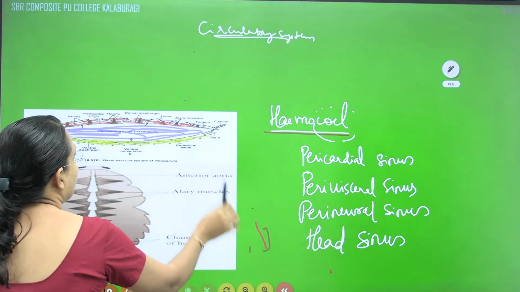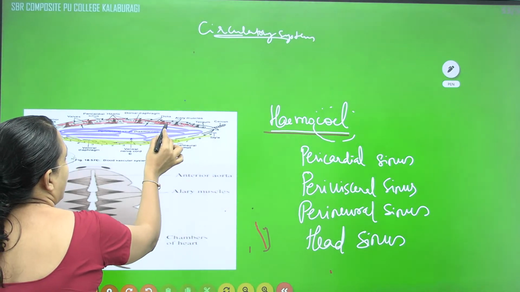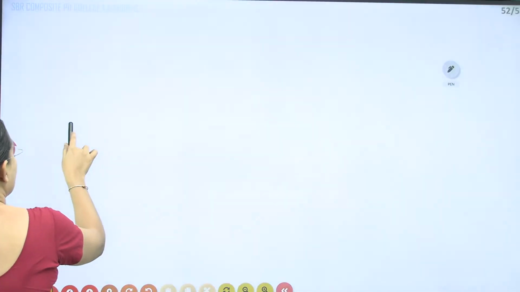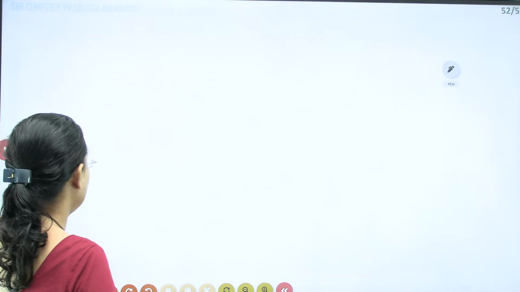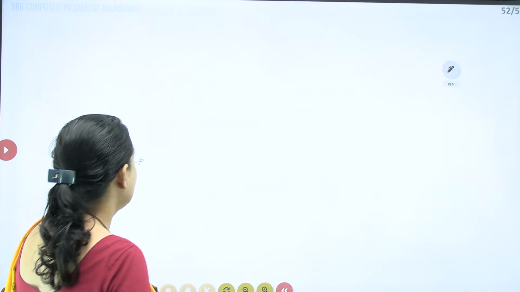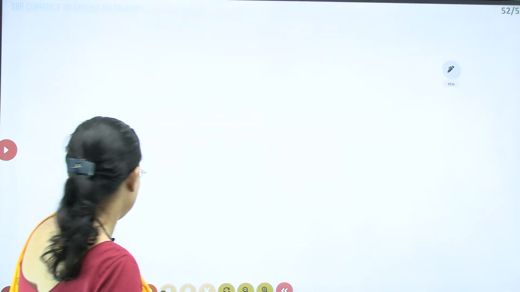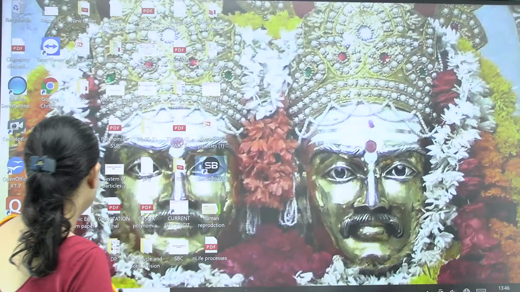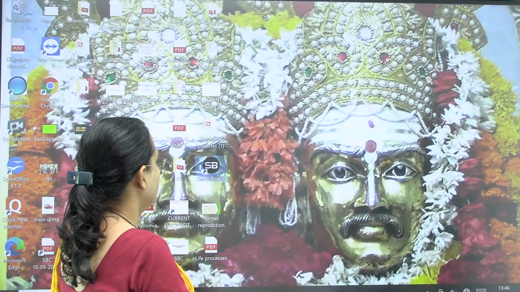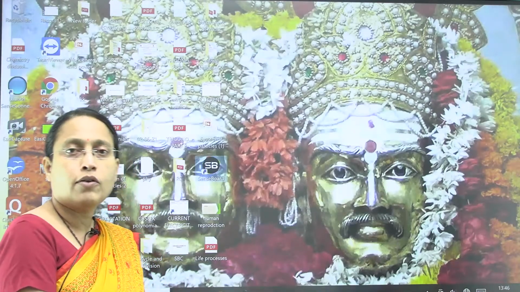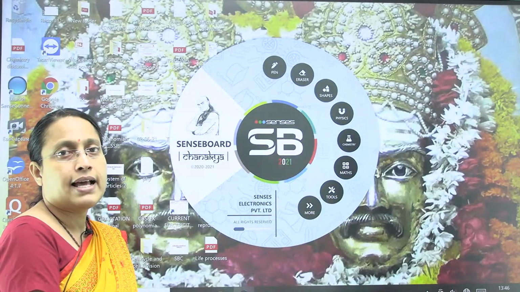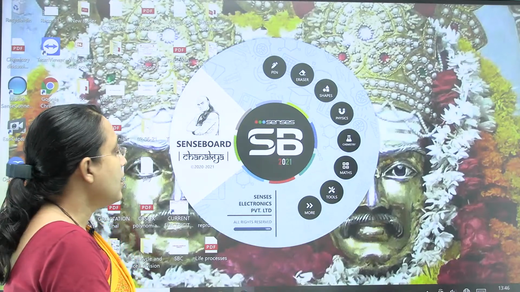So how does the blood flow? Blood flows from the pericardial sinus to the cephalic sinus and then to the perivisceral and perineural sinus.